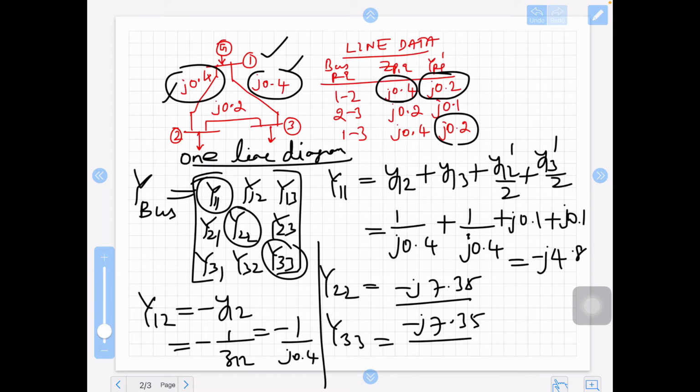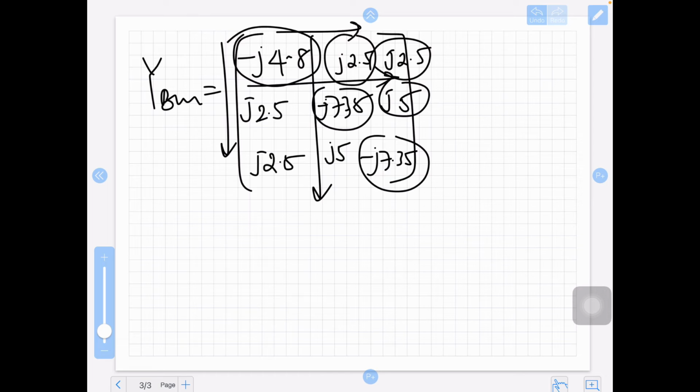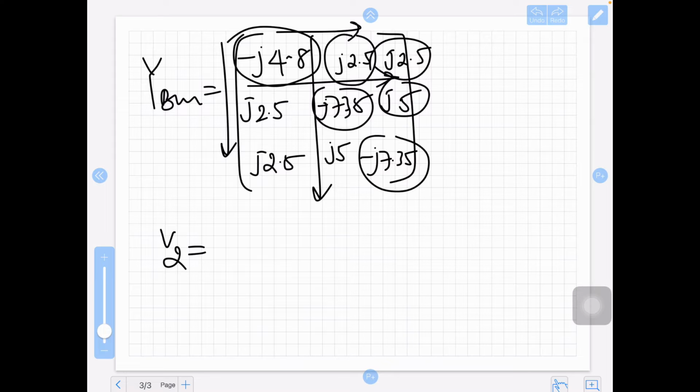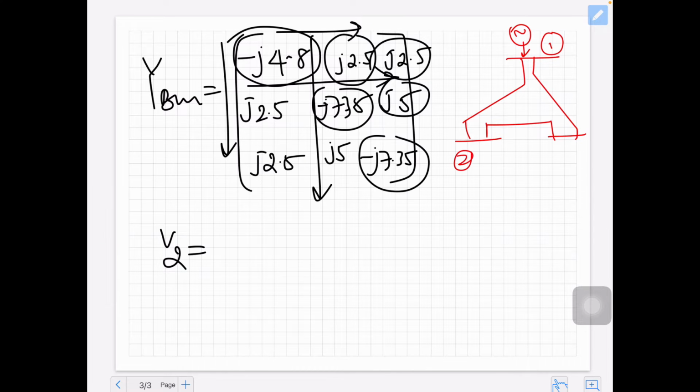Once you find the admittance values, it is required to find the voltage. I will write once again the system given: at the first bus we have a generator, and at the second and third buses we have loads.